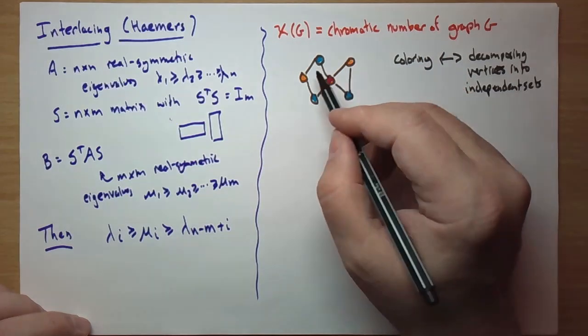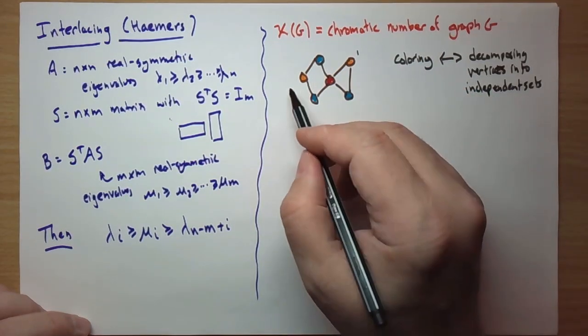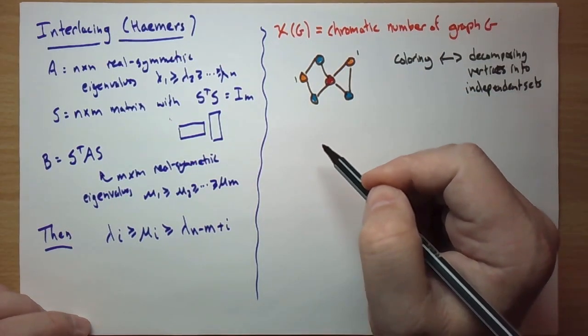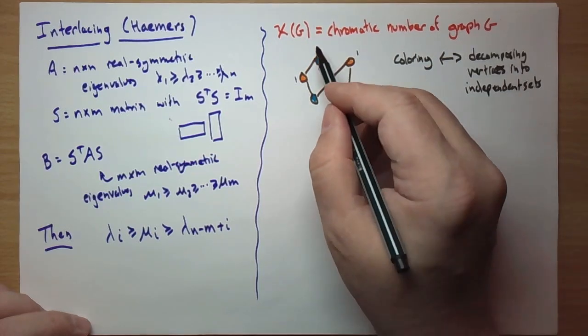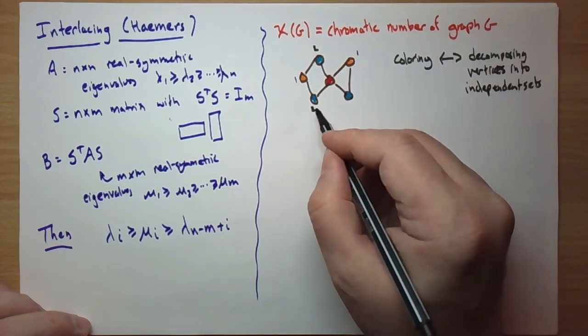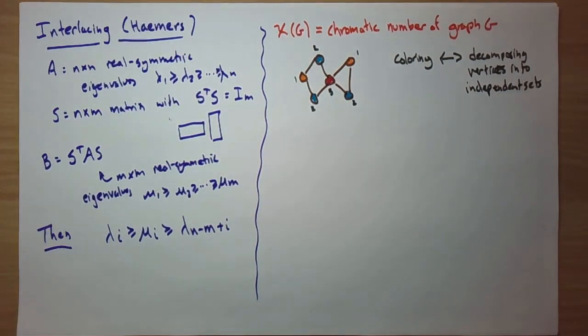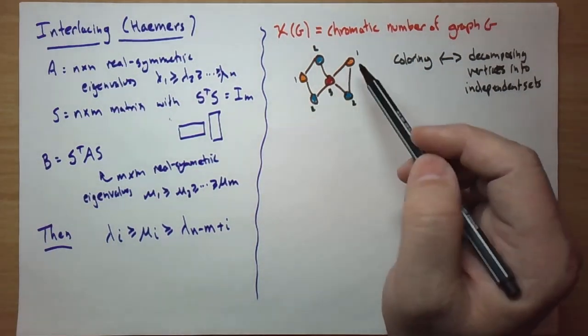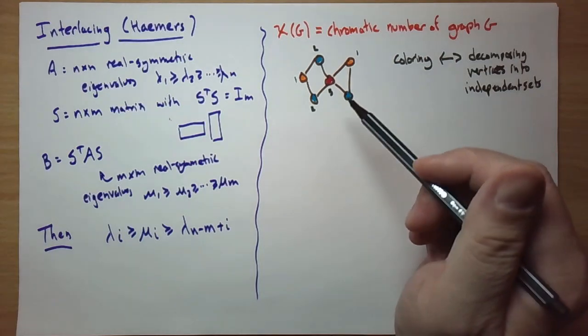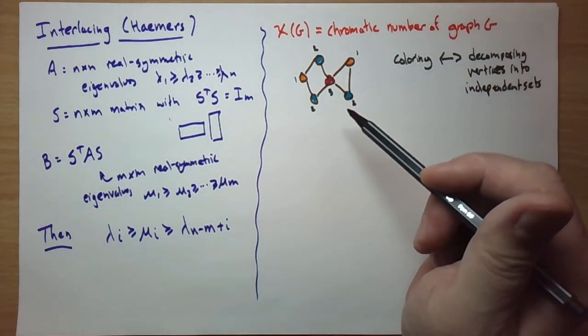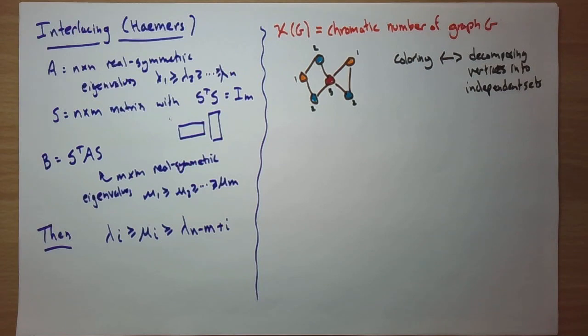So, for instance, everything that we colored with our yellow color, we could call that the first group. The blue color we can call our second group, and the red color is our third group. So we've taken our vertices and split them into 3 groups. In each group, they have to be an independent set. Why are they an independent set?